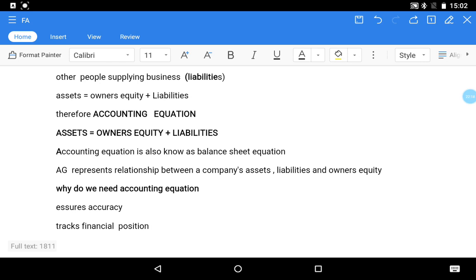Owner's equity involves net profit, and it can involve current liabilities, non-current liabilities, and capital. So in short, as long as you are preparing the accounting equation, you have information that your financial position is okay, covering all items of financial position.